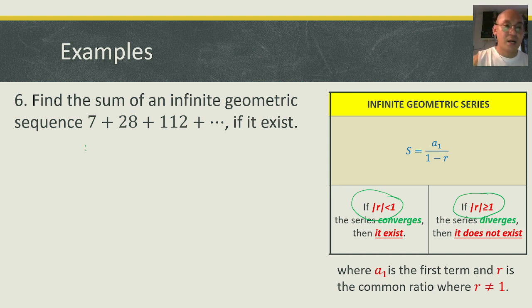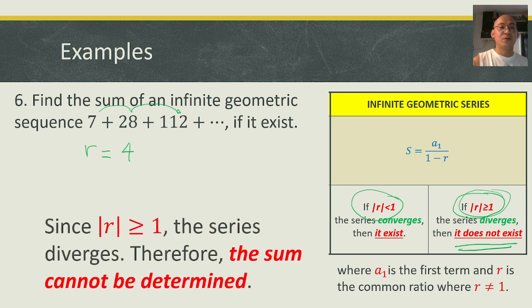Observe that in every term, we are multiplying by positive 4. Since it is greater than 1, therefore, it doesn't exist. So, since the absolute value of the given common ratio is greater than or equal to 1, the series diverges. Therefore, the sum cannot be determined, or it doesn't exist.